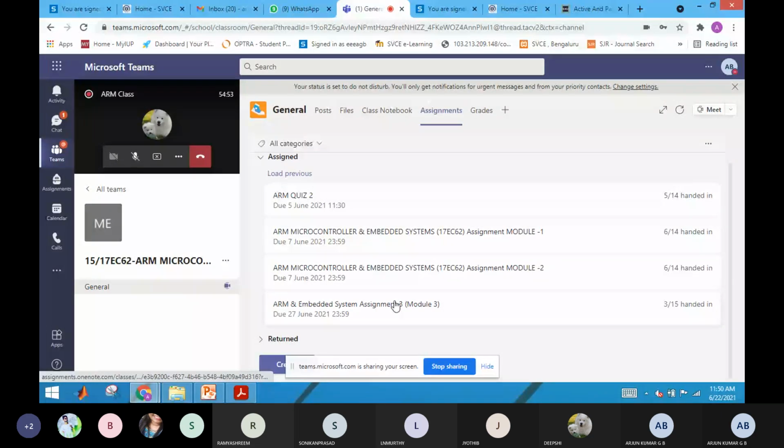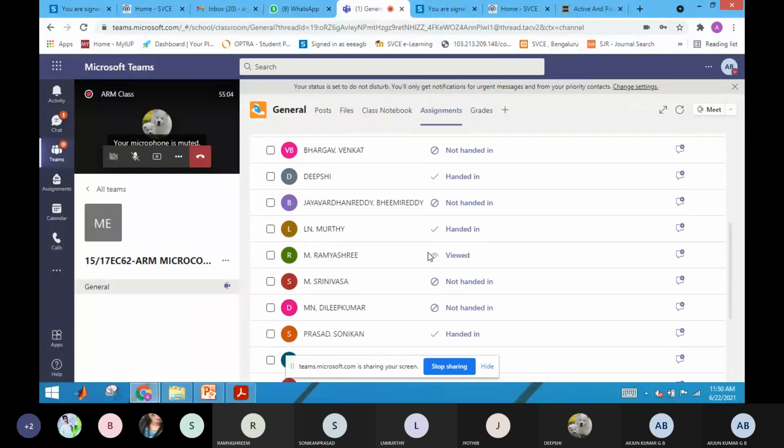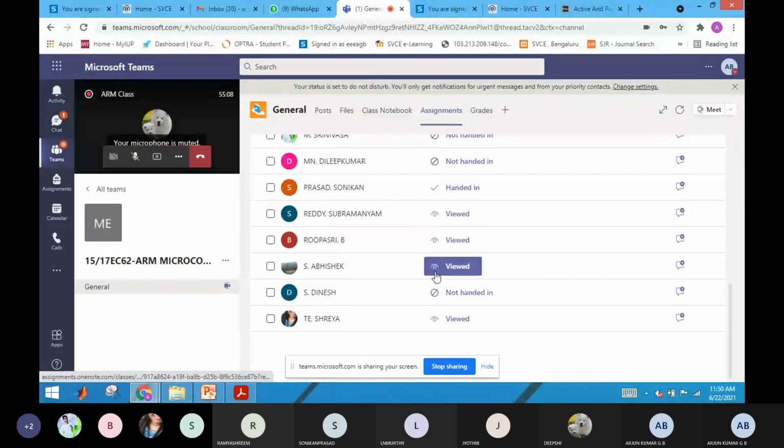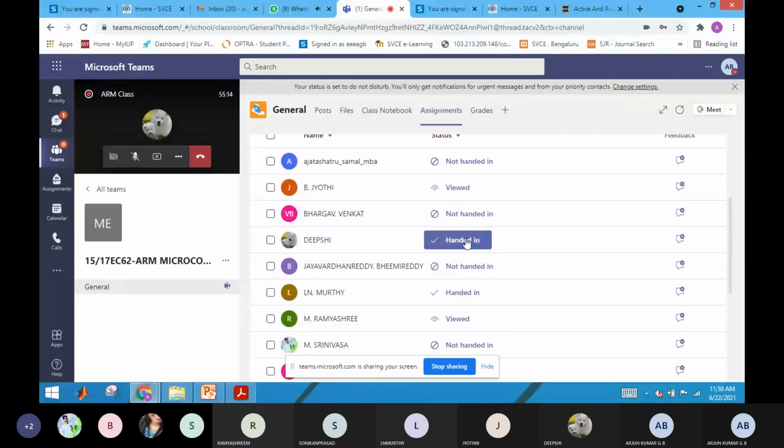See, the due date of assignment 3 will be 27. Today is already 22. See, only a few students have viewed it. What about others? Venkat Bhargav is not attending any single class.